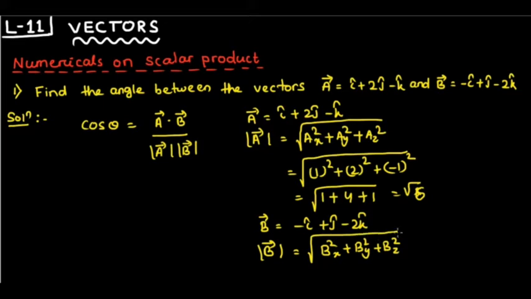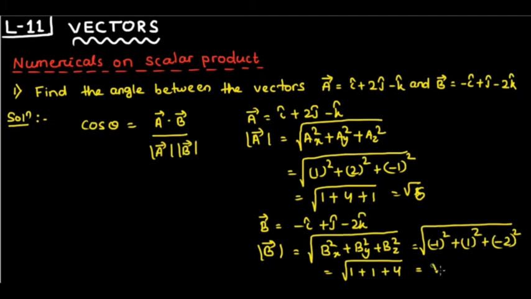So bx is -1, so -1 square, plus by is +1, so +1 square, plus bz is -2, so -2 square, and then give a square root symbol. So -1 square will be +1, then 1 square is 1, plus -2 square is +4, so the answer will be root 6. So the magnitude of vector a and vector b are the same, and the value is root 6.